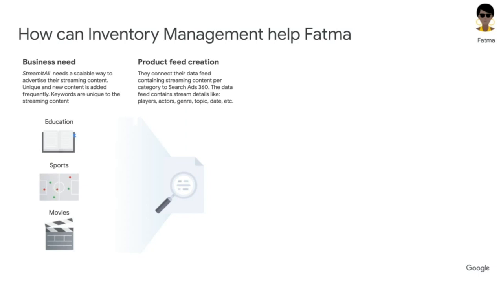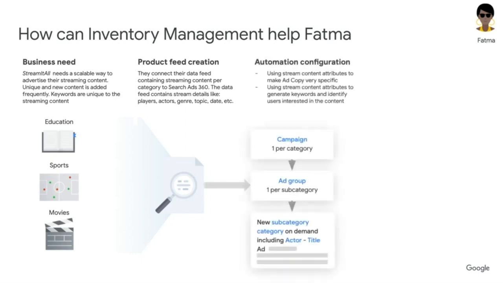She hooks that up to SA360, and then she turns to the configuration of the automation using the templates. So I won't go into detail, but similarly to the previous two examples, Fatma could take an approach of generating a campaign per broad streaming category, and then below that, using a subcategory, create some more granular constructs using the ad groups to then create keywords and ad copies for that.